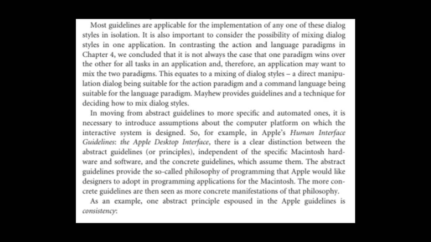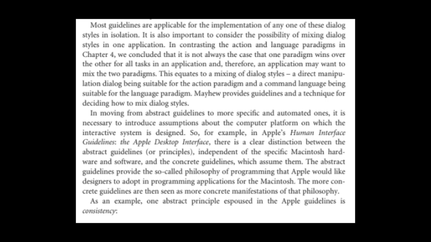In moving from abstract guidelines to more specific and automated ones, it is necessary to introduce assumptions about the computer platform on which the interactive system is designed. So for example, in Apple's Human Interface Guidelines, the Apple Desktop Interface, there is a clear distinction between the abstract guidelines, or principles, independent of the specific Macintosh hardware and software, and the concrete guidelines which assume them.